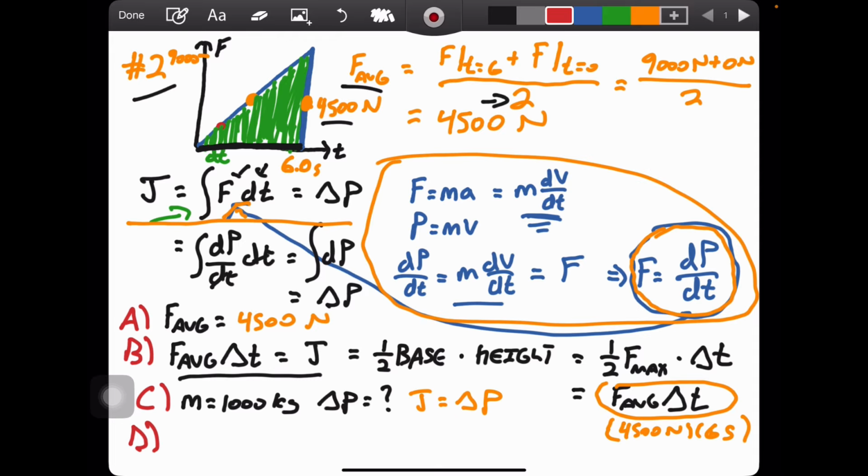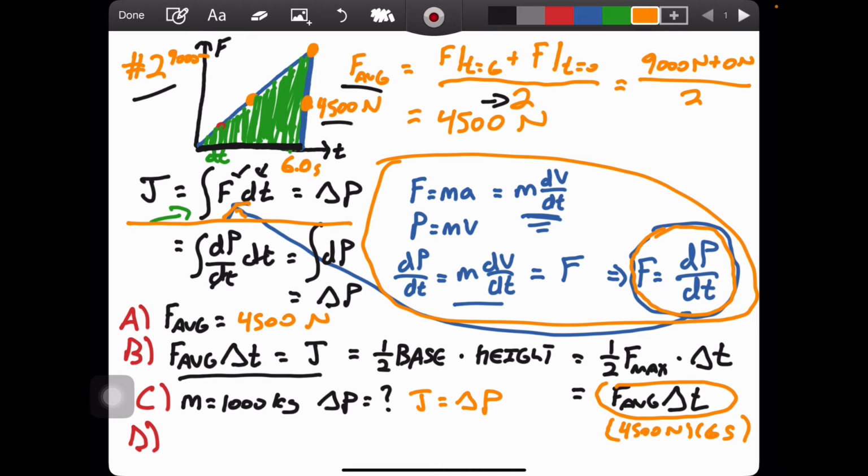So you better bet that from 0 to 6 seconds, if you have a force that is being applied at a constant increase, then the acceleration is going to remain positive and it is going to keep increasing that velocity all the way to where it dies off at 6 seconds. So therefore I know that it's going to be right here. This is going to be when the car has its maximum speed based on this applied force.